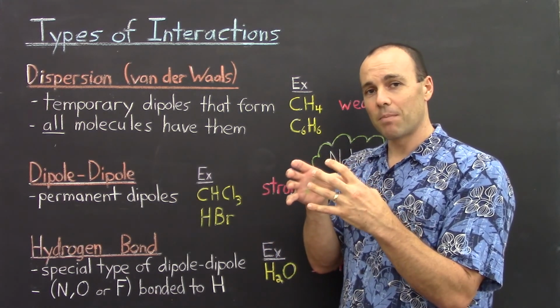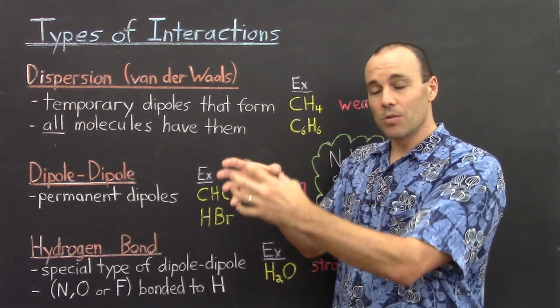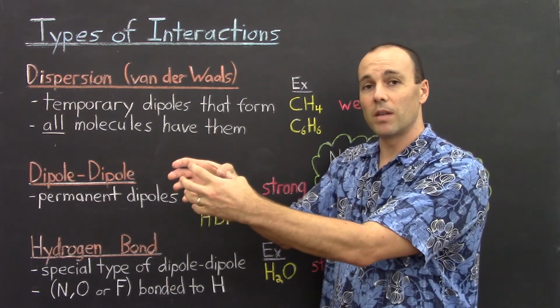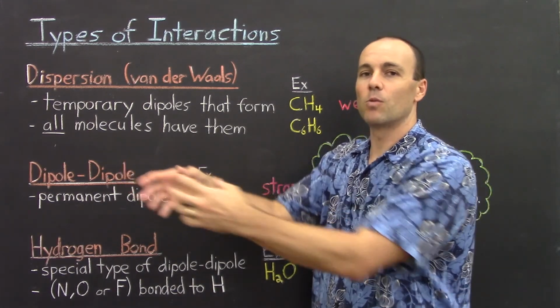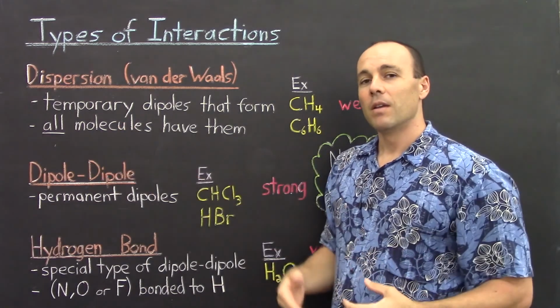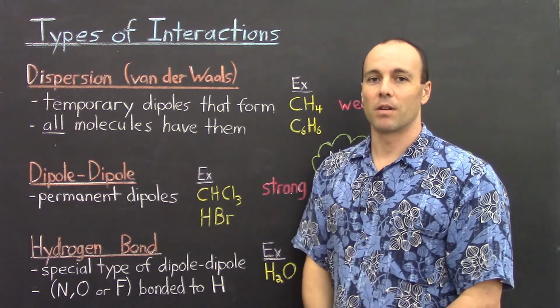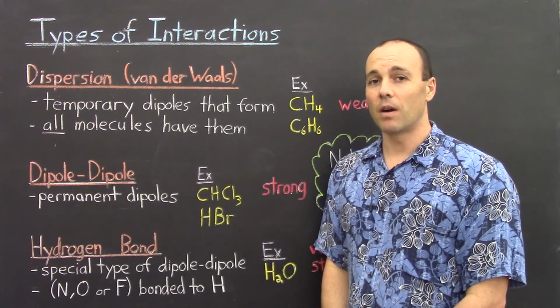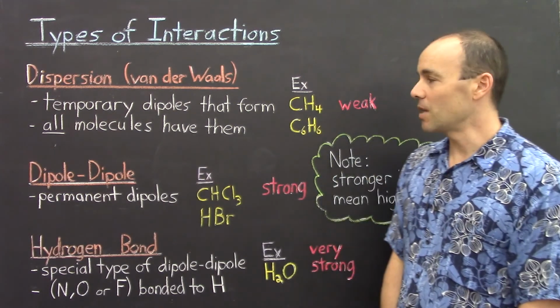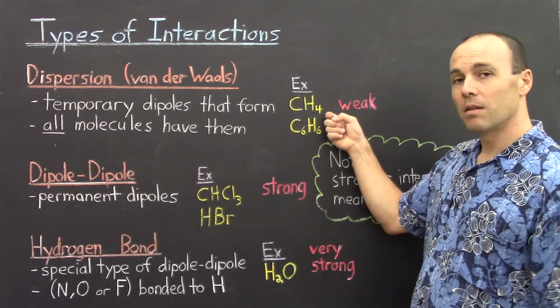And a temporary dipole in this molecule can induce a temporary dipole in the neighboring molecule, which can induce one in its neighbor molecule, and so on. And so you can have like a chain reaction occur. Now, dispersion interactions are rather weak. However, all molecules exhibit dispersion interactions. So examples are methane and benzene.